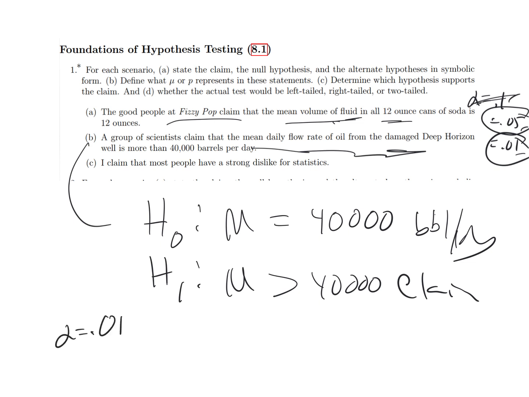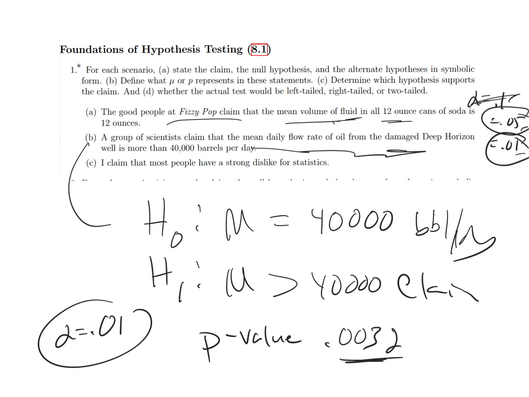0.01 level of significance. Let's pretend that after we run our test, we come up with the p-value, the probability of the sample statistic being that far away from 40,000, is, I don't know, let's say 0.0032.